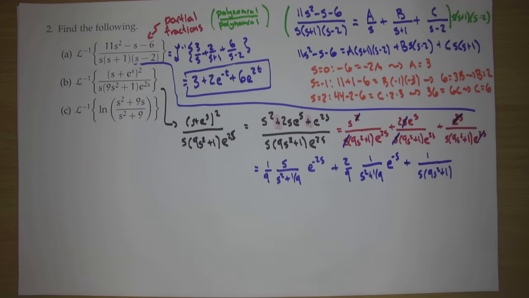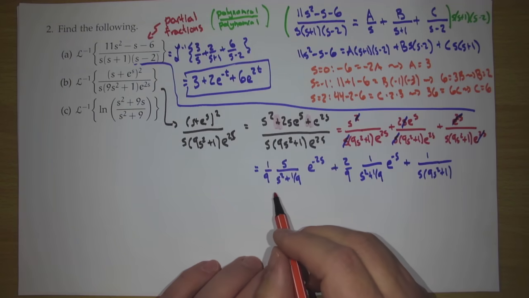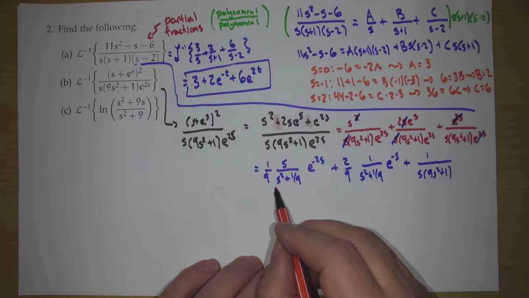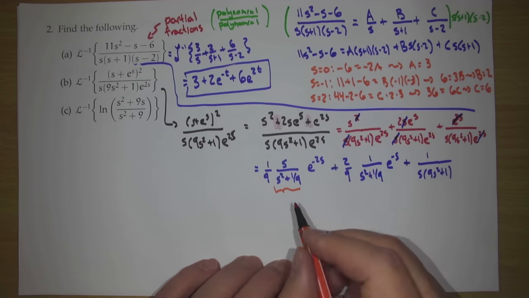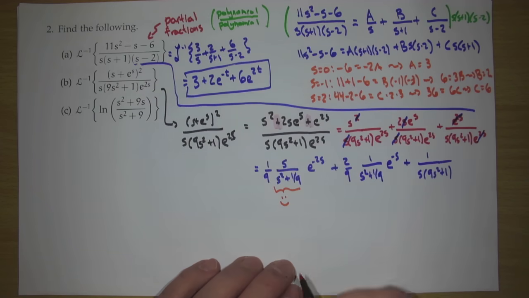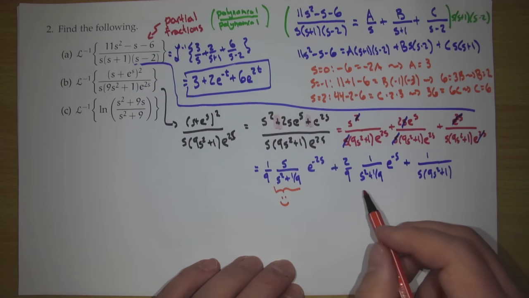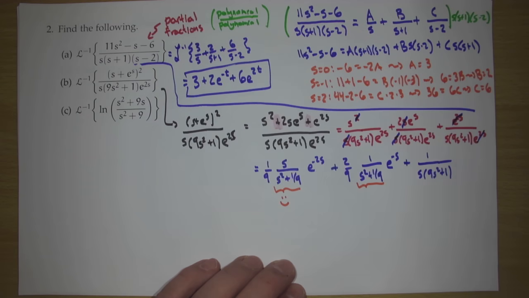Okay, so let's check in. Whew. We might have to go to a second page to finish this particular problem. How are we doing on this term? Are we good? We're ready to go? All right, good. We're table ready. How about here? Are we good? Are we ready to go? We're almost ready.